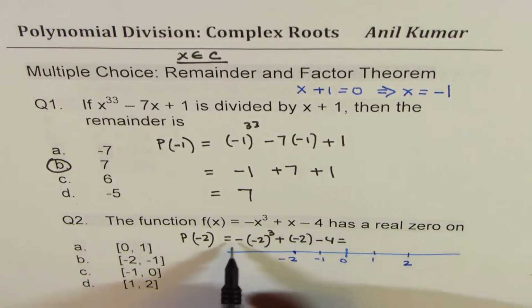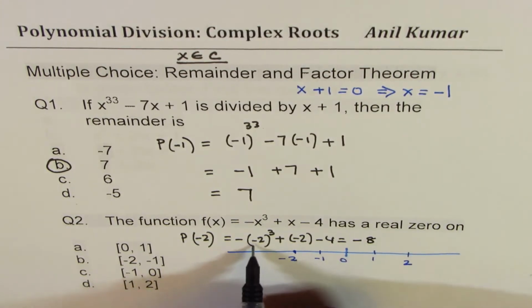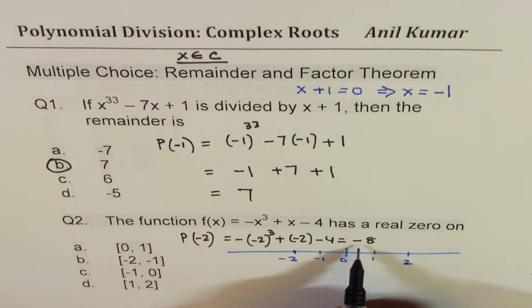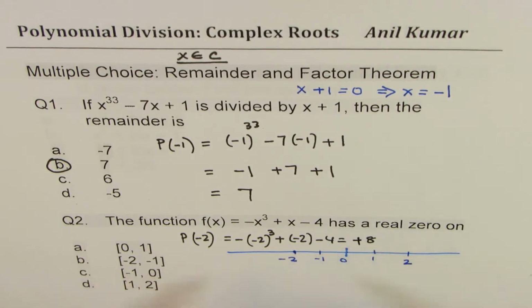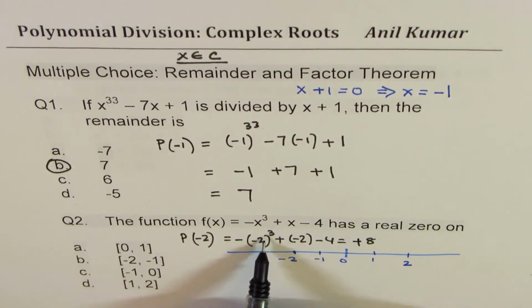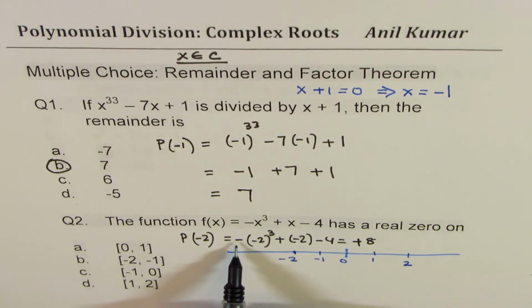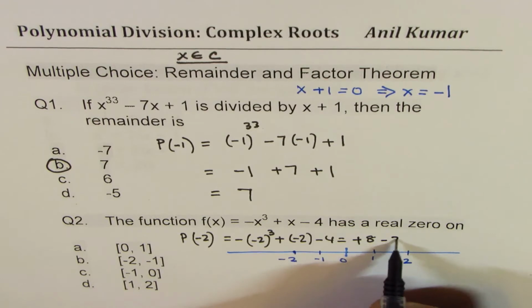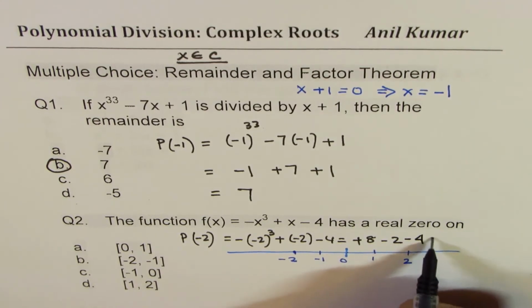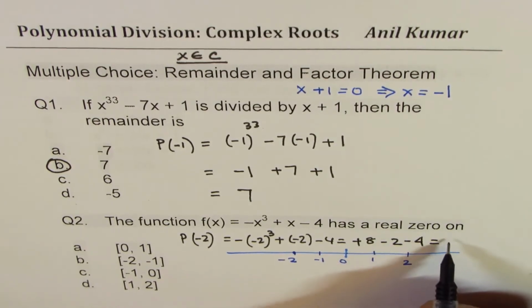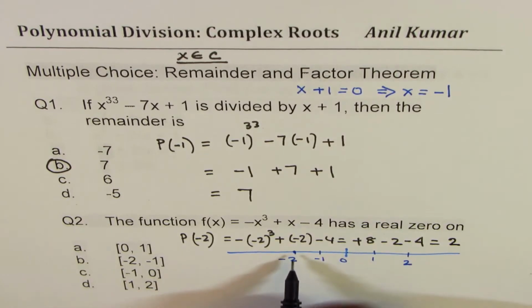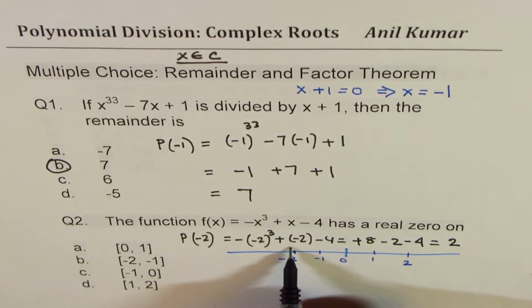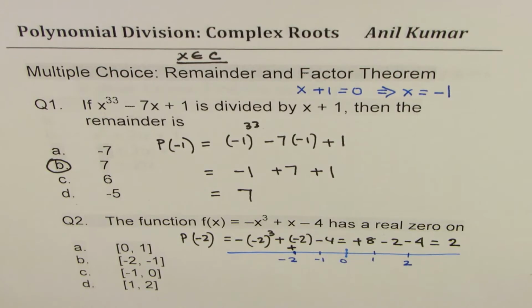Minus 2 cubed is minus 8, and minus of minus 8 makes it plus 8. Negative and negative become positive. And then we have plus and minus, which gives us minus 2, and this is minus 4. And that is positive 2. So here at minus 2, we have a positive answer.